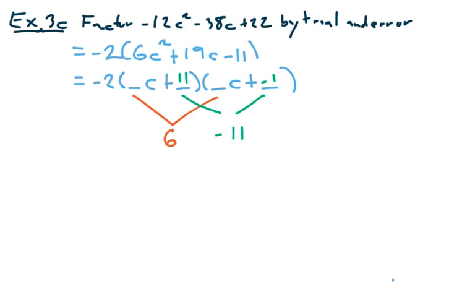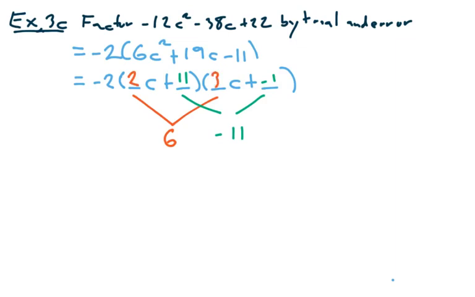And then you think about, well, how could I get a 6? Well, there's several ways to factor 6. It could be 6 and 1. It could be 2 and 3. We can try either one to begin with. You can be methodical or you can just jump right in. I'm going to try to use a 2 and a 3.